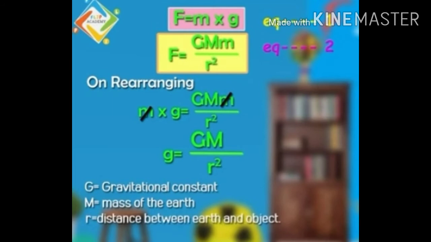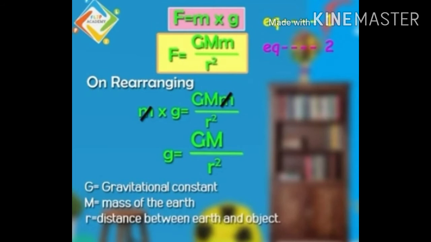Next, we will get the formula in terms of acceleration due to gravity. Let an object be on or near the surface of the Earth, because we are comparing the object with the Earth.